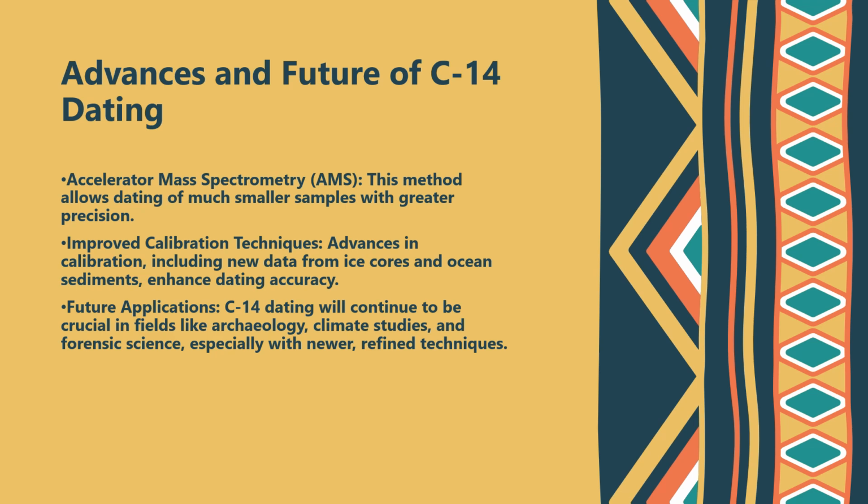As the technology continues to improve, so does our ability to calibrate radiocarbon dates with other sources like ice cores and ocean sediment, also increasing precision. This is particularly helpful for dating ancient climate events and understanding how they affected human societies.